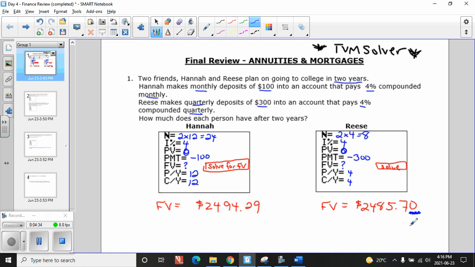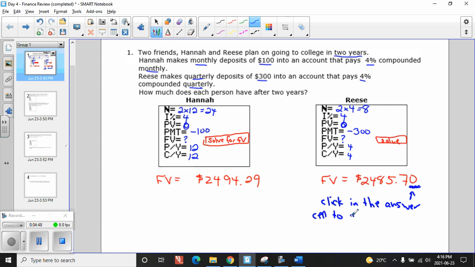The TVM solver, remember, acts a little bit funny and sometimes doesn't show you that second decimal place unless you click in the answer cell to see all the decimal places. Because this is a money situation, the TVM solver always shows 2 decimal places.